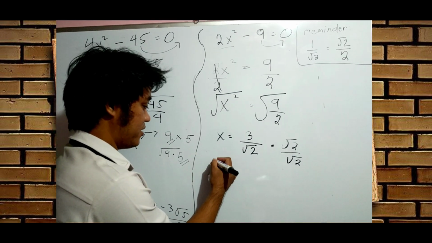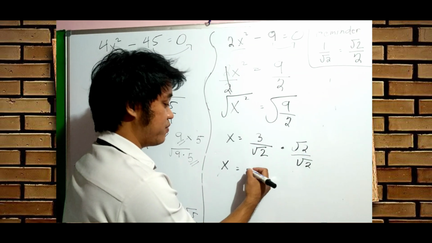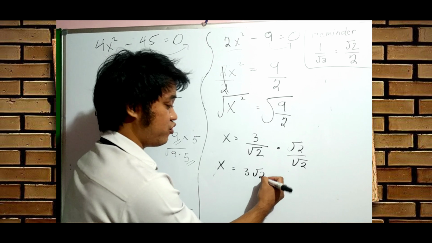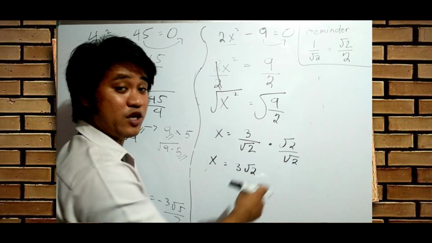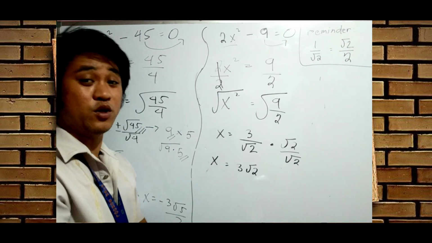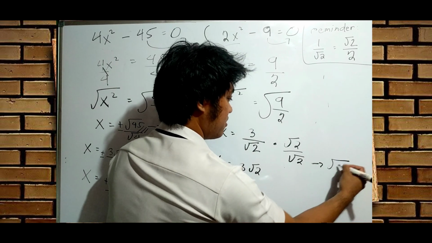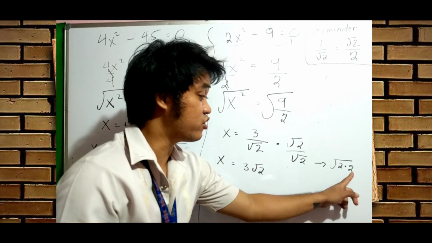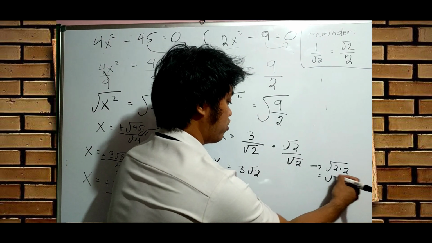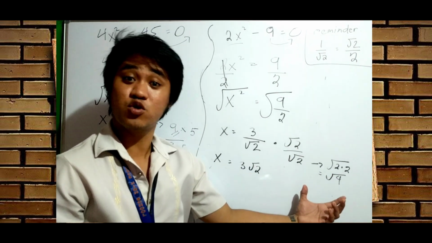So we have x is equal to 3 times square root of 2, so we have 3 square root of 2 over square root of 2 times square root of 2, using the law of multiplication of radical numbers. So that is 2 times 2, which becomes square root of 4. 4 now is a perfect square.